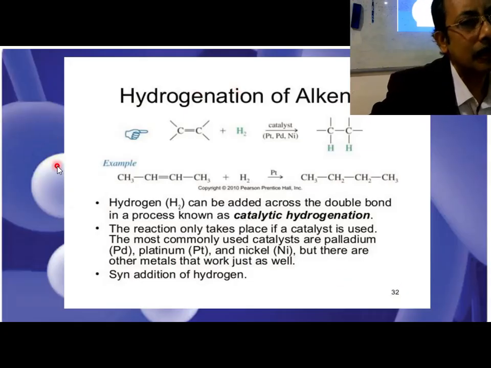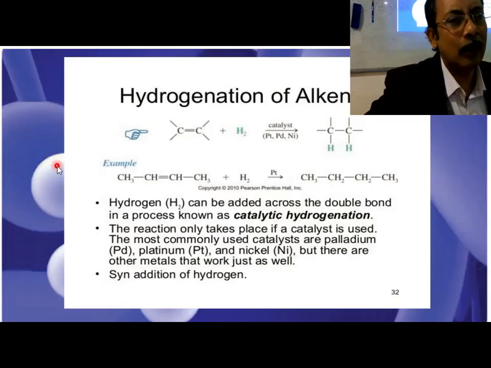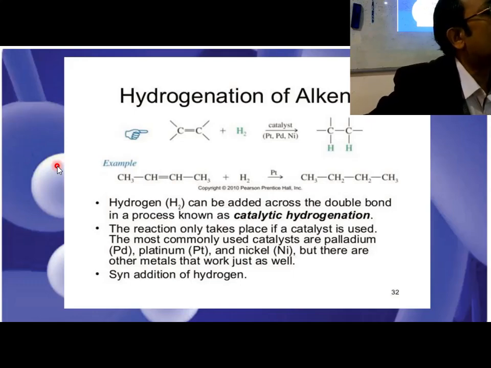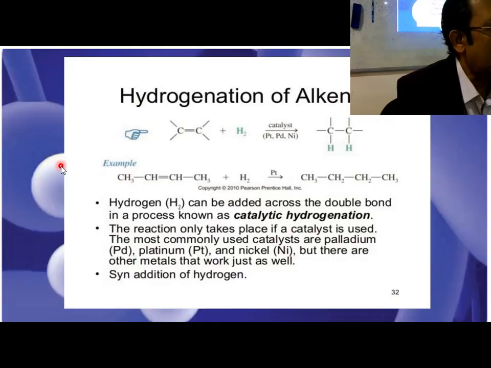That is the mechanism. First of all, hydrogen gets atomized in the form of H. But normally you don't find that atomization, because the energy required for it is very high.